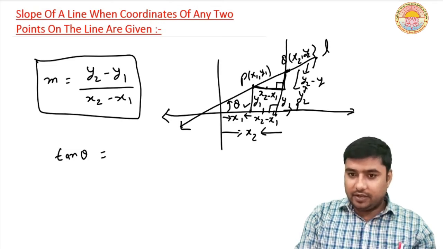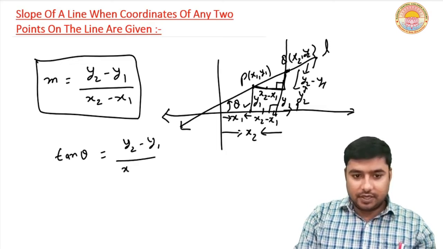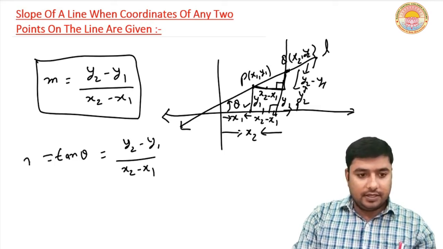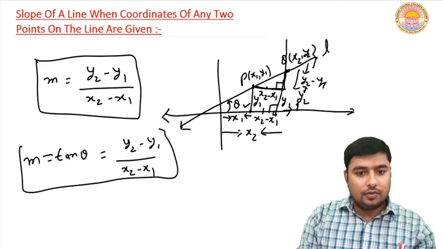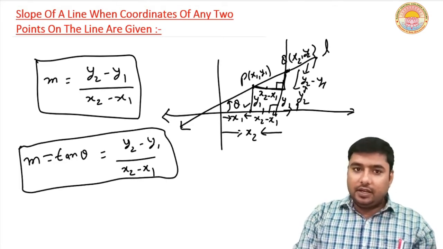The perpendicular is y2 minus y1. So m equals tan theta equals y2 minus y1 upon x2 minus x1. So this is the slope when 2 points are given on a line.